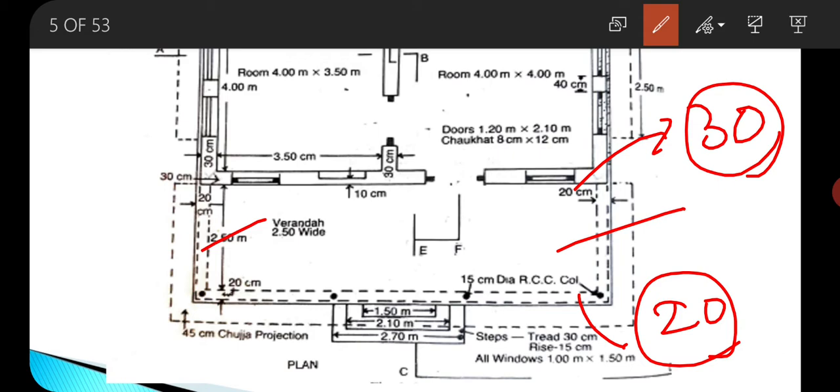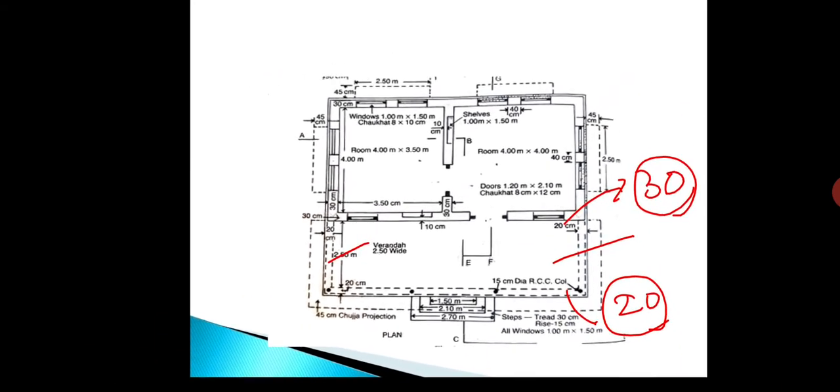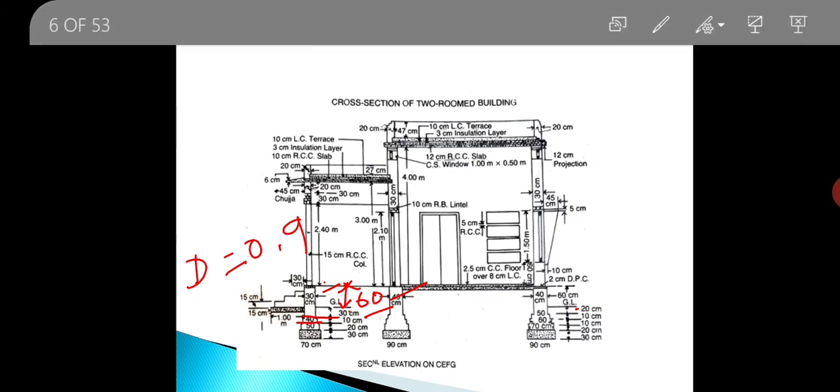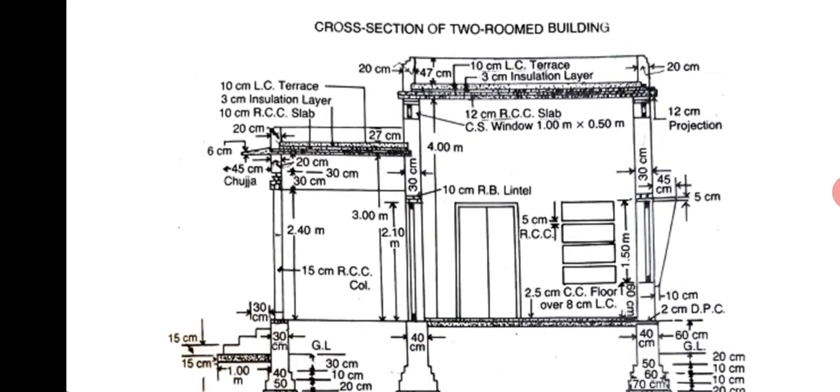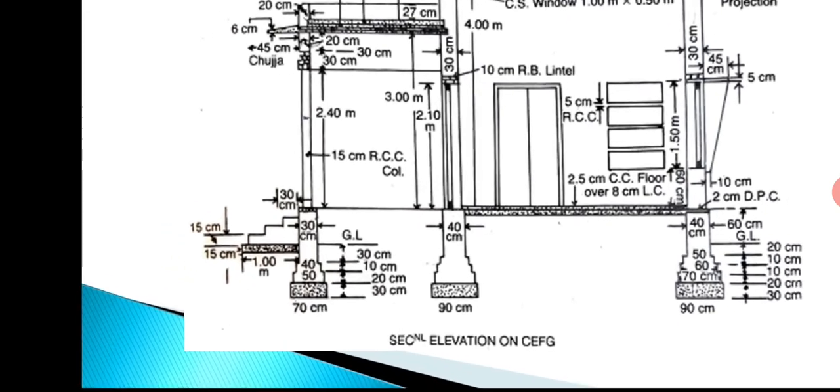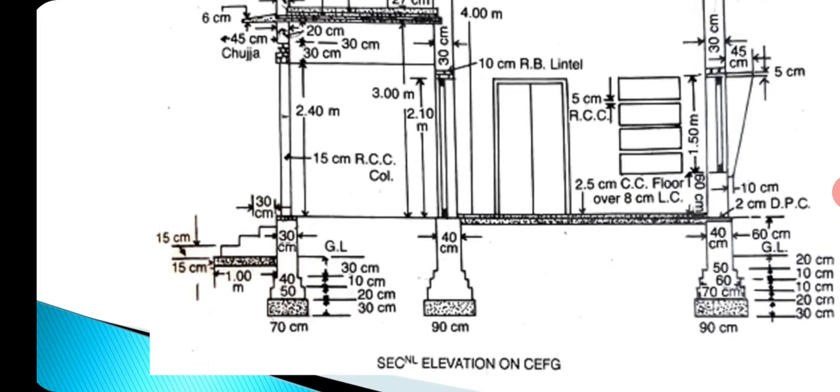While doing the calculation of the short wall, we have to be careful, because we have to check which type of footing is at the level of this veranda wall.